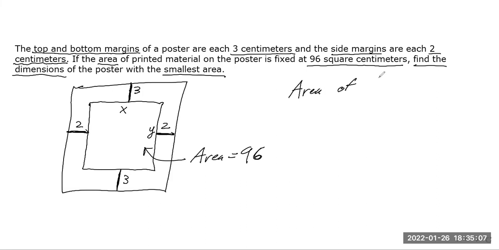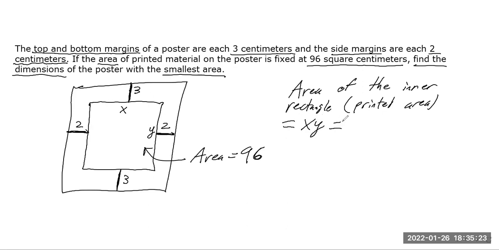So the area of the inner rectangle, i.e., our printed area, well, that's equal to x times y, but it's also equal to 96. What we want to do is optimize the area of the outer rectangle. Whoa.